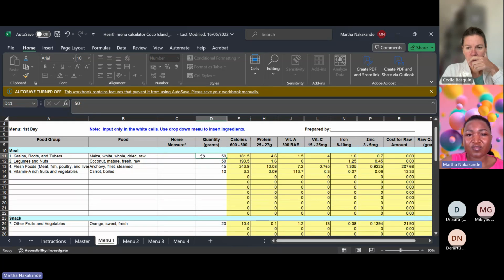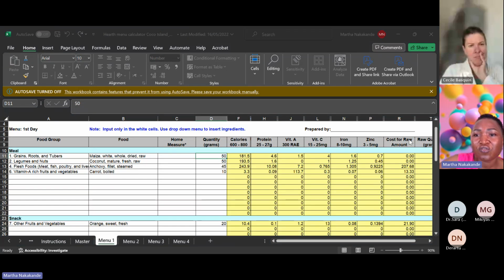It automatically calculates how many calories 50 grams would give me, how much protein, how much vitamin A, vitamin C, iron, zinc, and then it gives you the total cost of the food.